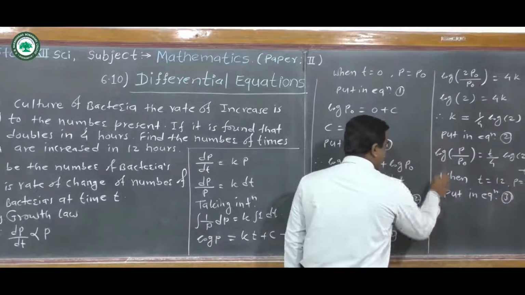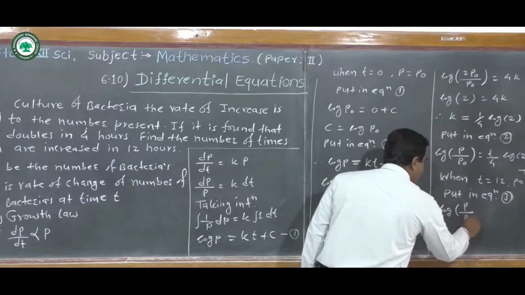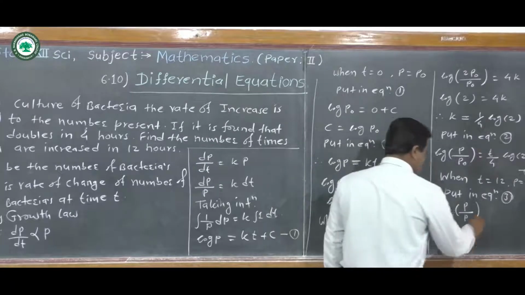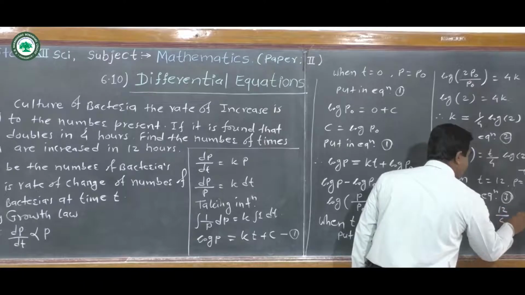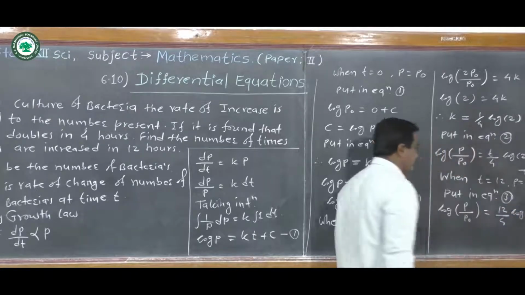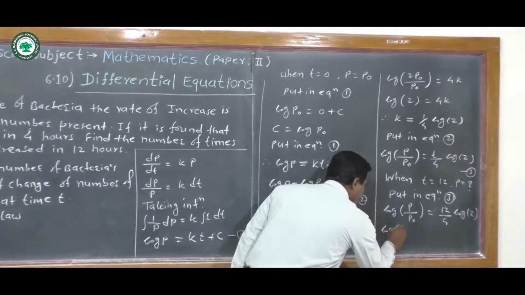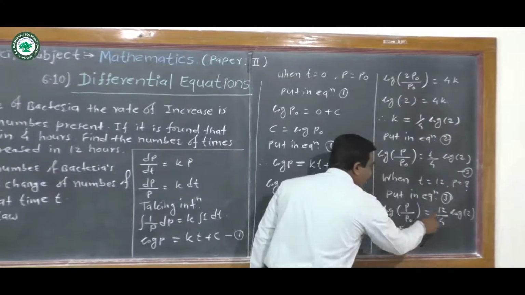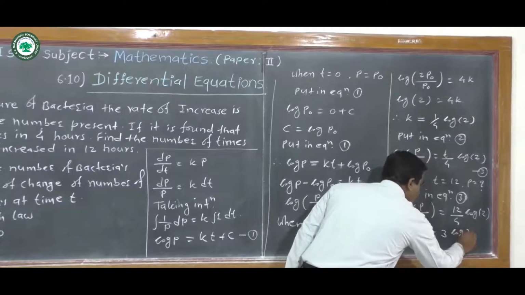Log of P upon P0 is equal to 12 upon 4 into log 2, that is, 3 into log 2.